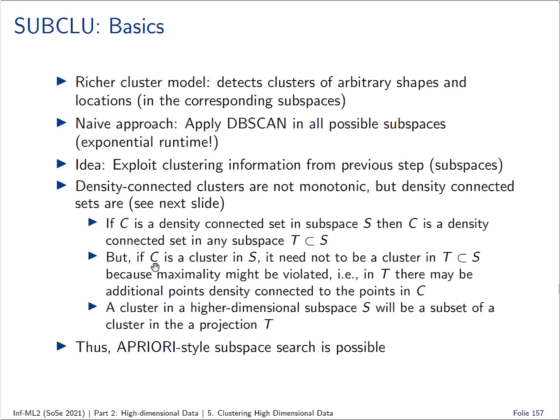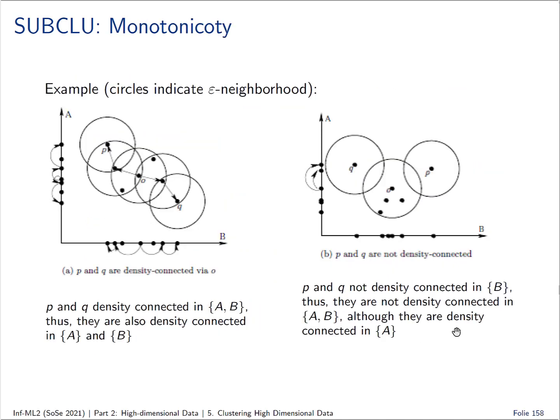The other way around, if C is a cluster in S, it need not be a cluster in T, because maximality might be violated. In T there may be additional points. And a cluster in a high dimensional subspace will be a subset of a cluster in the projection. That's why maximality is not fulfilled, but density connected sets without maximality is actually monotonic.